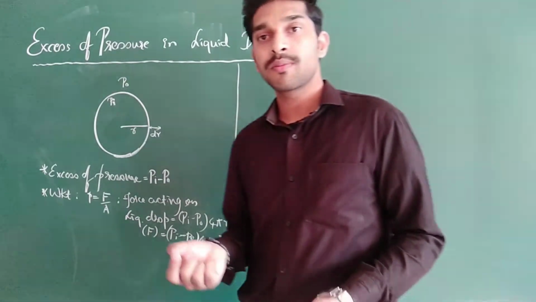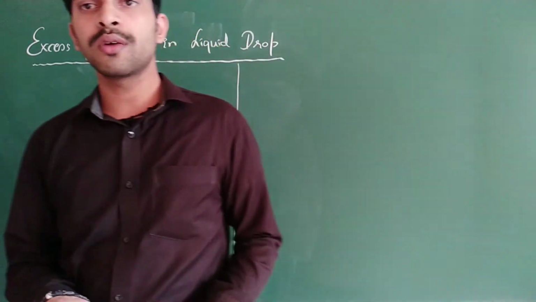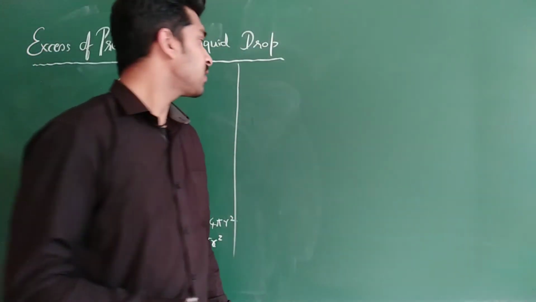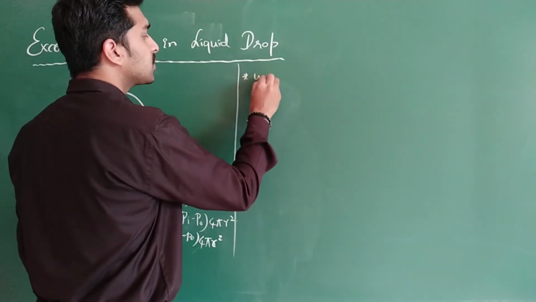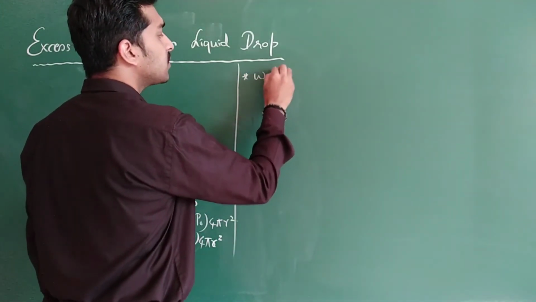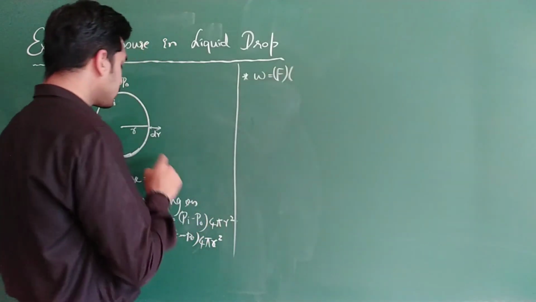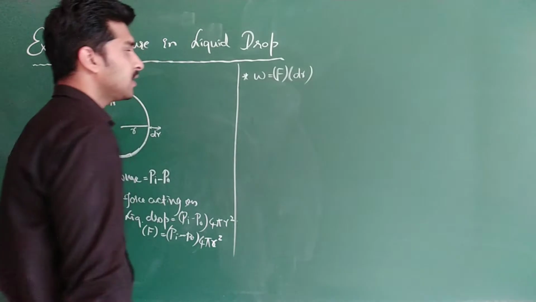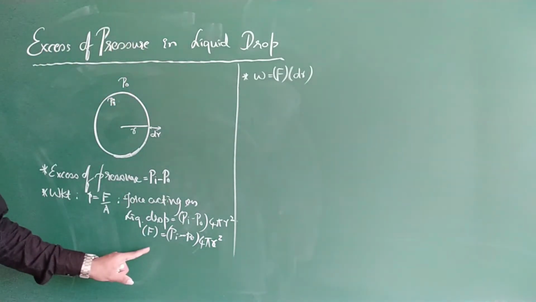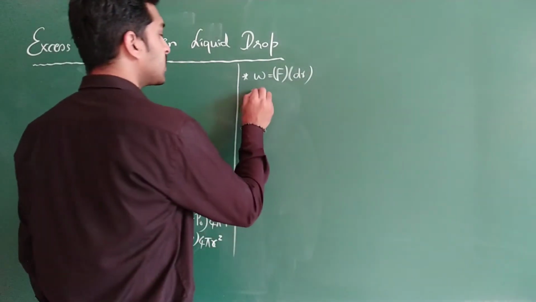So basically what is the work done formula? You all know work done. W is equal to force into displacement. Here displacement is nothing but dr. Clear? So F value I am having, first let us substitute.